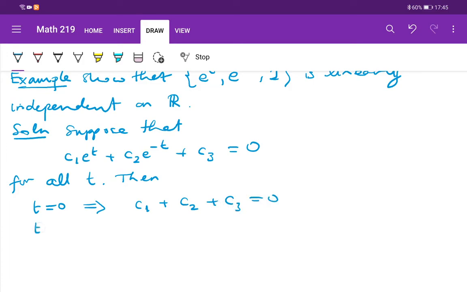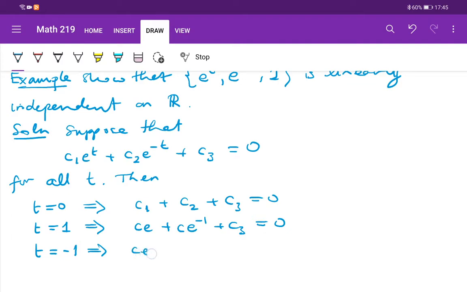At t equals 1, it's also 0. And you get C1 e plus C2 e inverse plus C3 equals 0. And at, say, t equals minus 1. So we've just picked three values of t. We know, let's suppose that this is 0 for every t, then certainly it's 0 for these 3 values of t.